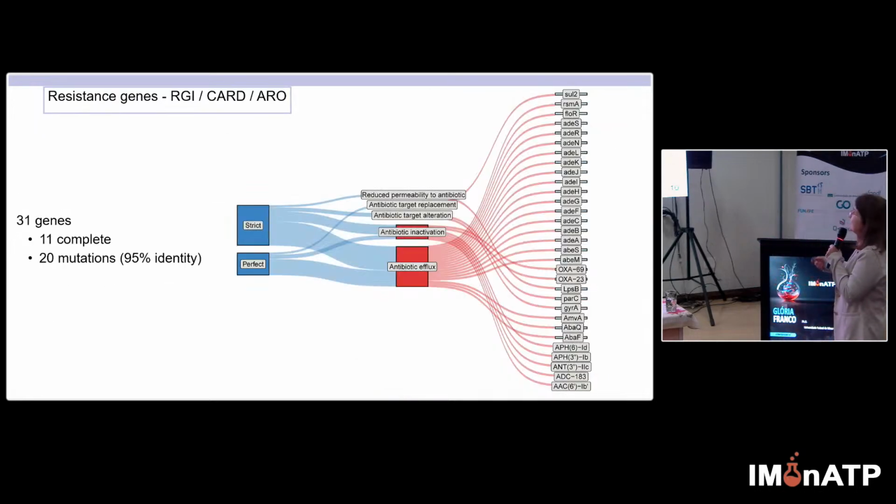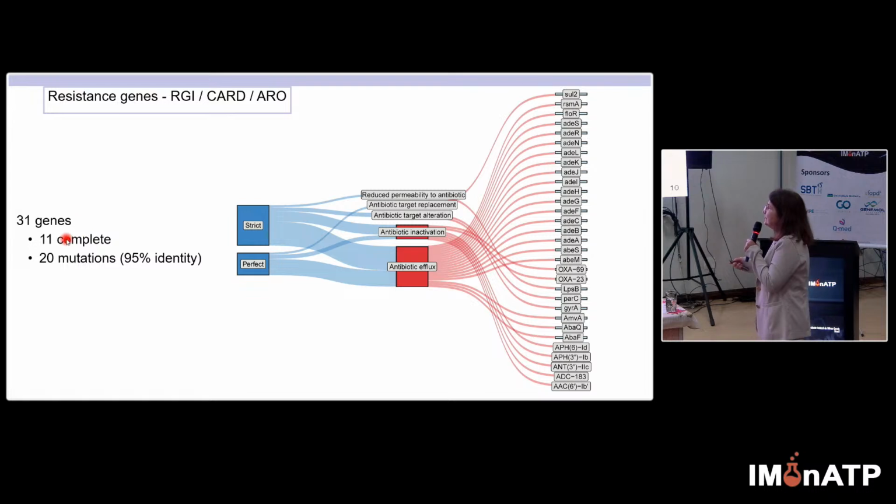We used these tools, RGI, CARD, and ARROW, and we localized 31 genes that could be related to resistance. 11 are complete genes, that means 100% similarity with known resistance genes, which we called perfect, and 20 are 95% identical to other genes involved in resistance. We saw they have mutations that could be very specific for this strain.